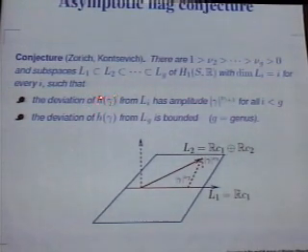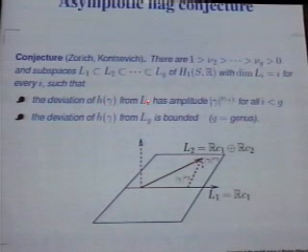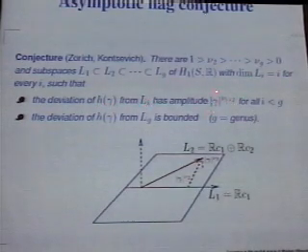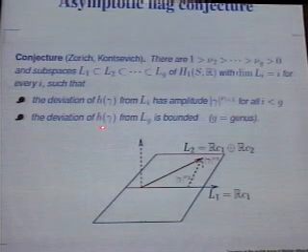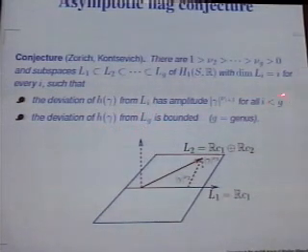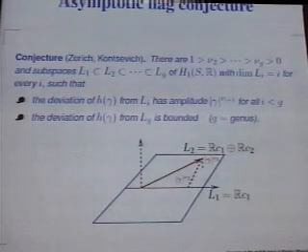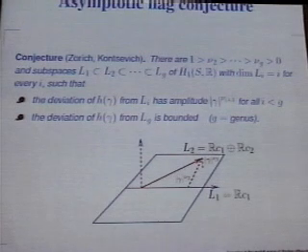The deviation of this vector h of gamma from the subspace Li has this amplitude, for all i less than g, and the deviation from the very last subspace, the one of dimension g, is bounded independently of the length. So it's like a Taylor formula where the error is bounded, which is much, much better than what one usually gets from Taylor formulas.